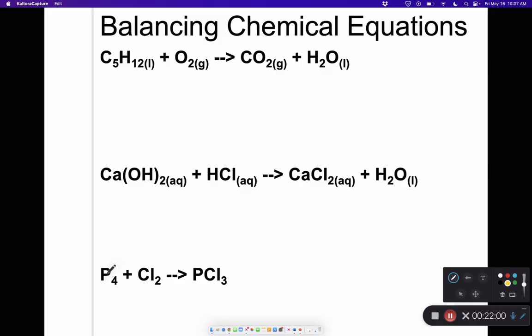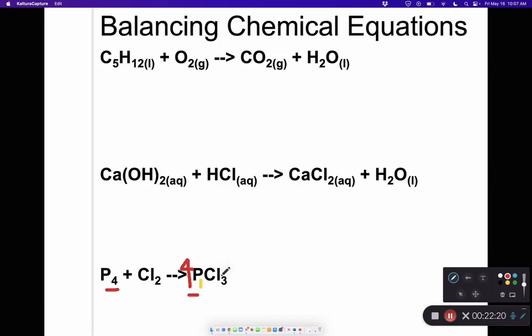I have 4 phosphorus here and just 1 phosphorus on the right, so right away you need to multiply the right hand side by 4. Now phosphorus is 4 on both sides. Phosphorus is good, equal number of atoms.